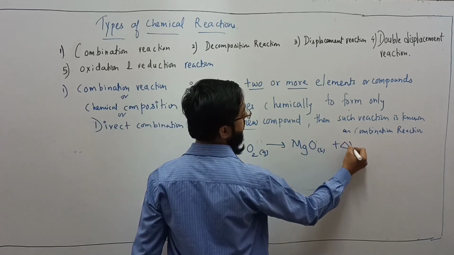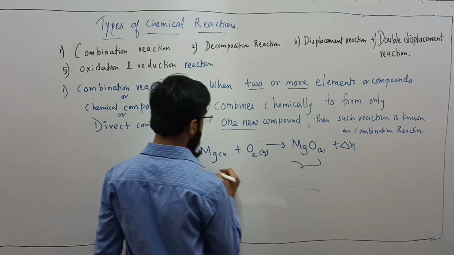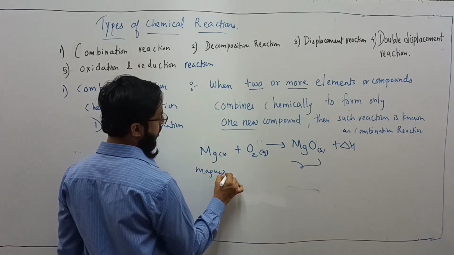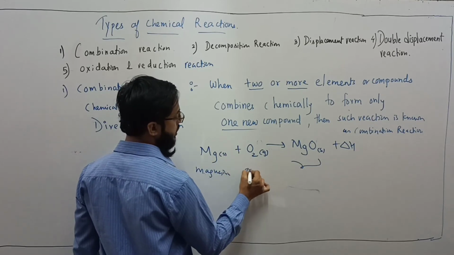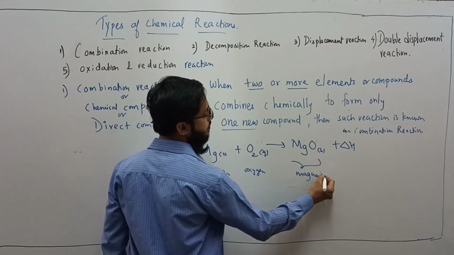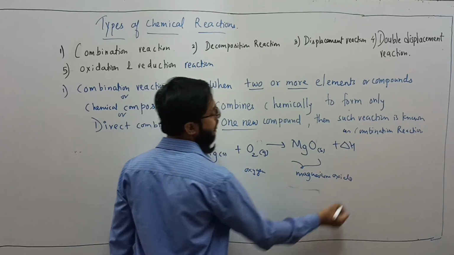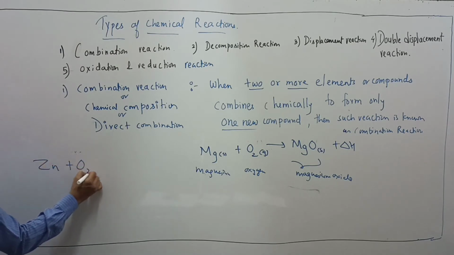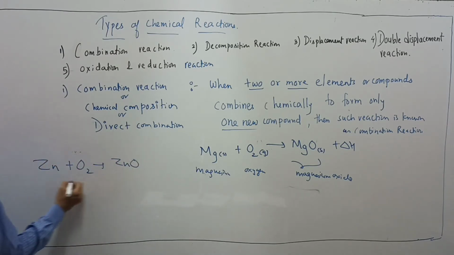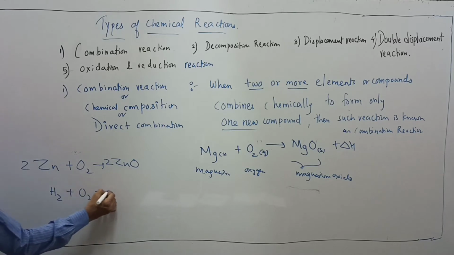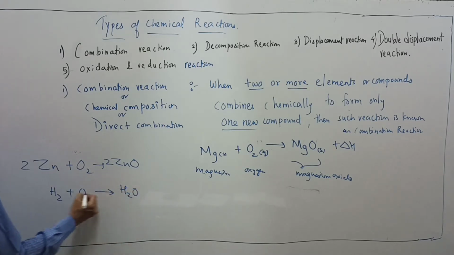Also it gives heat energy. So you can see, one reactant is magnesium, the other is oxygen from air. It forms magnesium oxide. Such kind of reaction is known as combination reaction. There are so many other examples, like ZnO. Such kind of reactions are known as combination reactions.